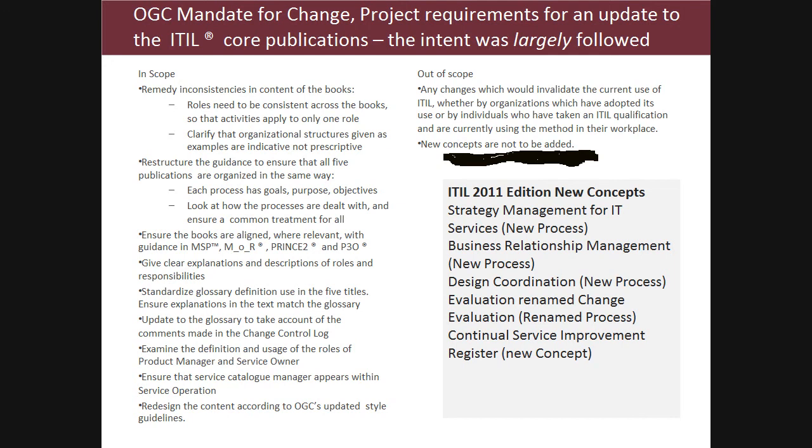The actual interpretation of what that process is supposed to do, the outcomes, has changed. And then there's this new concept of the continual service improvement register. We want to make sure that we know and manage improvements. Think about it like a portfolio office for improvements, and you'll get the gist of what that is. So that's the 5% that they added.